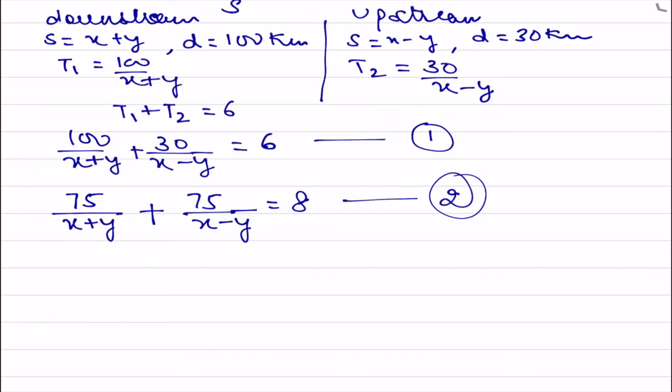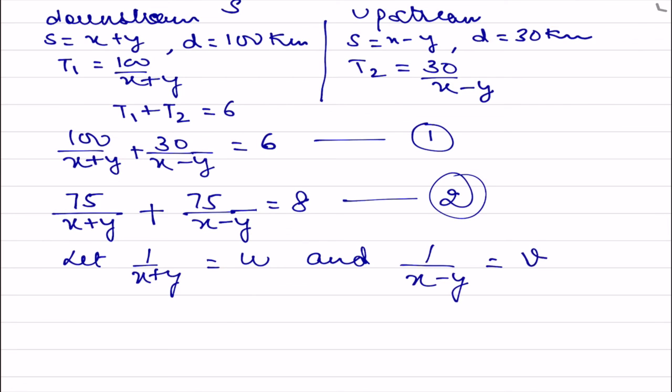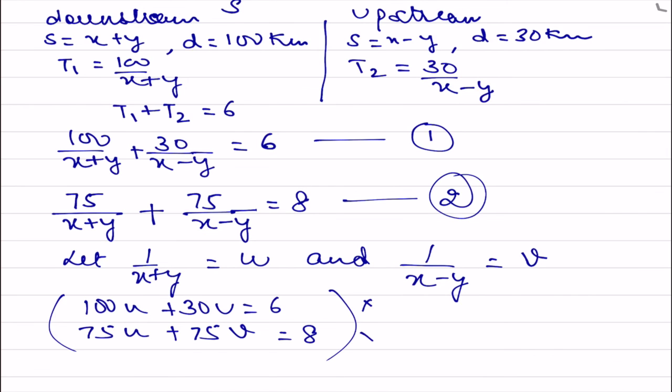So as I told you earlier, x and y are in the denominator. So what we have to do, let 1 upon x plus y be equal to u and 1 upon x minus y be equal to v. So 100u plus 30v is equal to 6 and 75u plus 75v is equal to 8. Solve both the equations simultaneously. And you know the method.